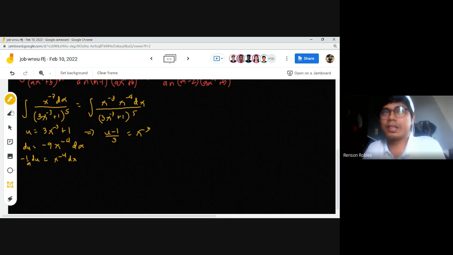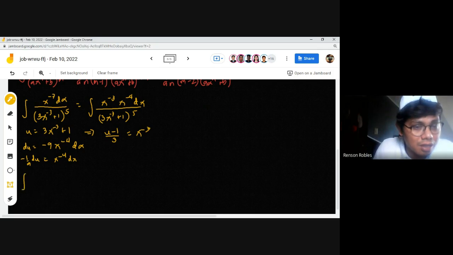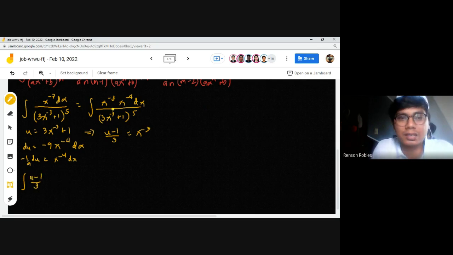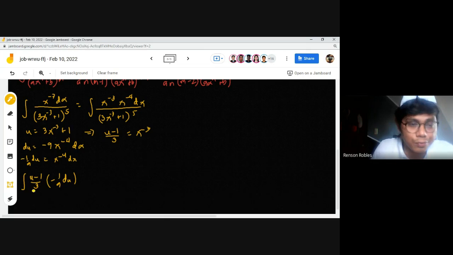Positive 1, throw it on the left side, then you divide it by 3. So you shall now have the integral of x raised to negative 3, that is u minus 1 over 3, right? Then x raised to negative 4 dx is negative 1 over 9 du, all over u to the 5th power, okay?